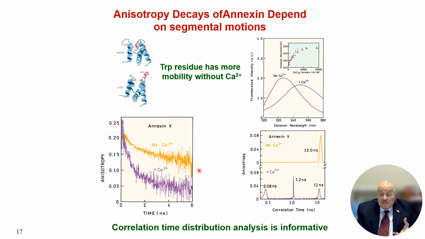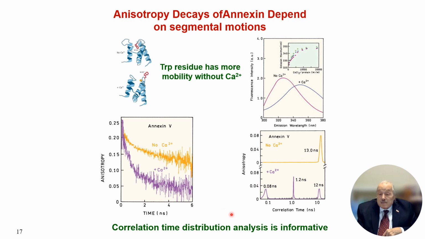So for these decays, another analysis was done, and for the no calcium case, it results in a single point in the correlation time distribution, which is from this long part of the curve, which is the overall rotational diffusion of the protein.